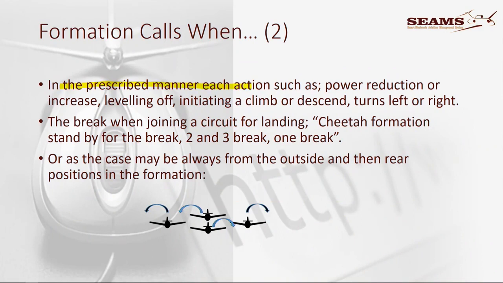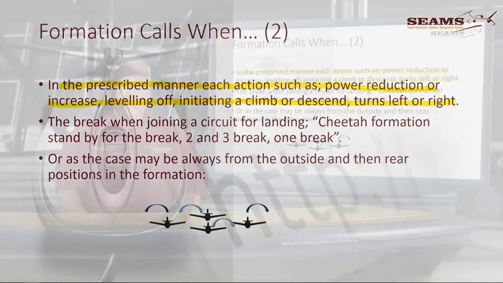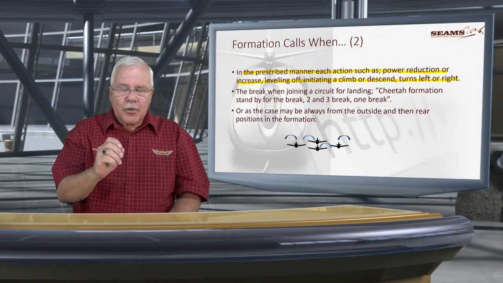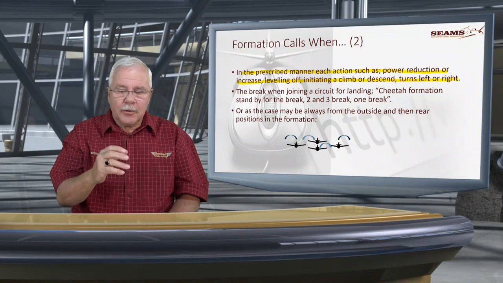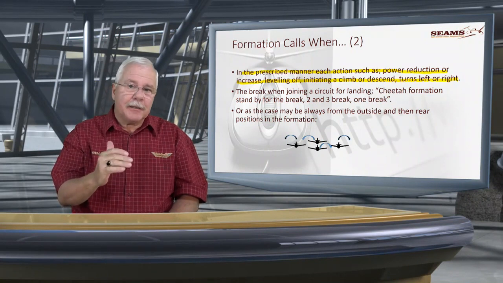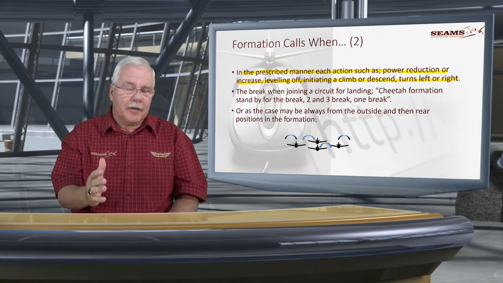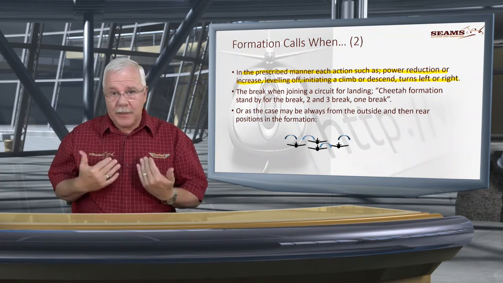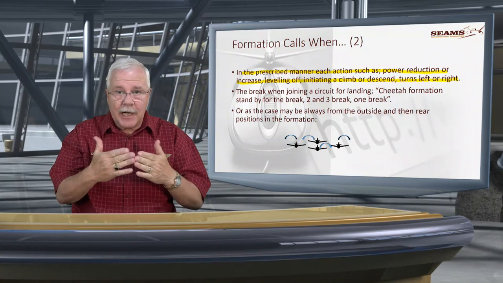In the prescribed manner, each action: power reduction, level off, initiating the climb, turn left, turn right, all that kind of stuff. Just a quick reminder, you're not going to necessarily give an MLA, a mean line of advance, because remember, in the close formation, number 2 and 3 and whoever else is there have got only eyes on the leader.